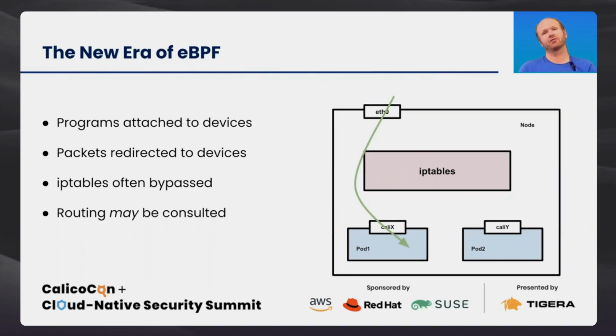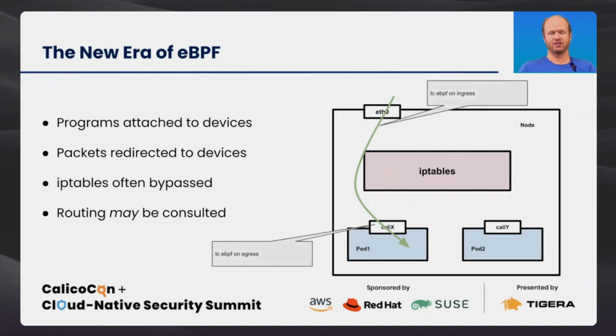In eBPF, we provide small programs that attach to hooks in various places of the Linux kernel. Those places are typically different than where the iptables hooks are. We primarily use what are called TC hooks that attach to queuing disciplines on the devices.